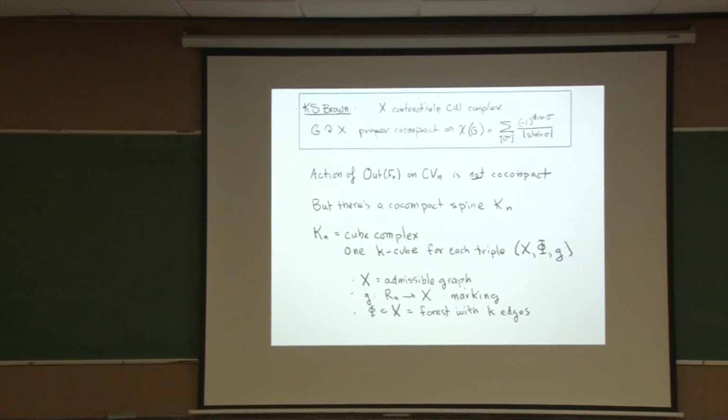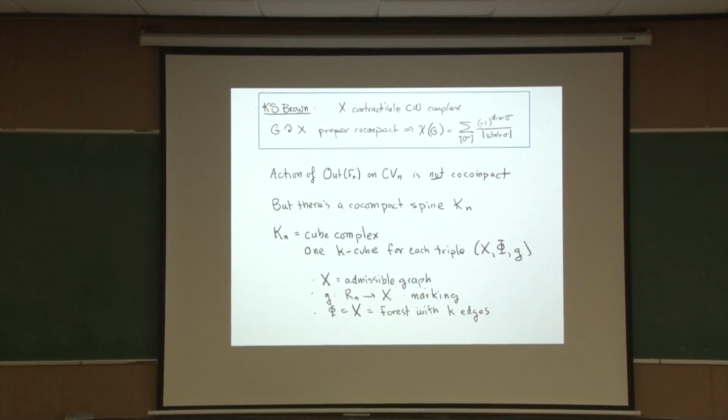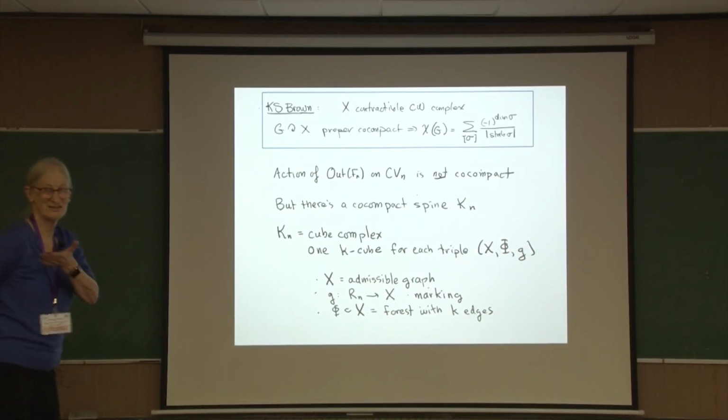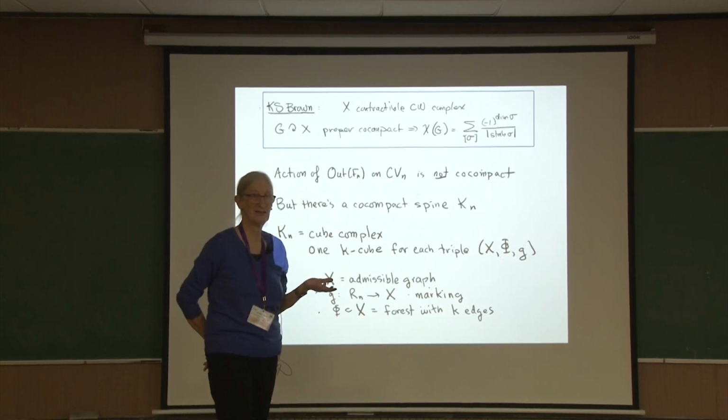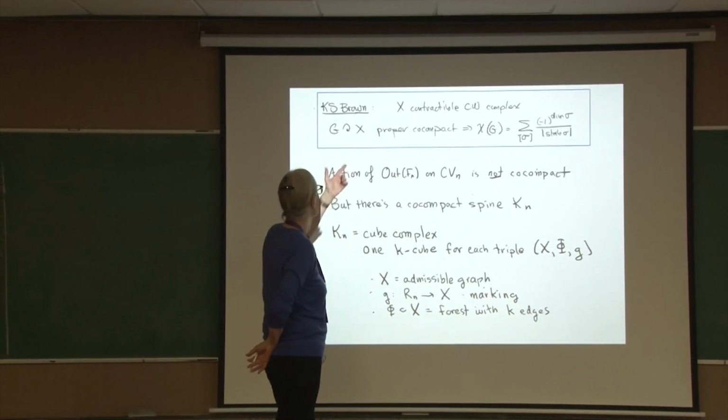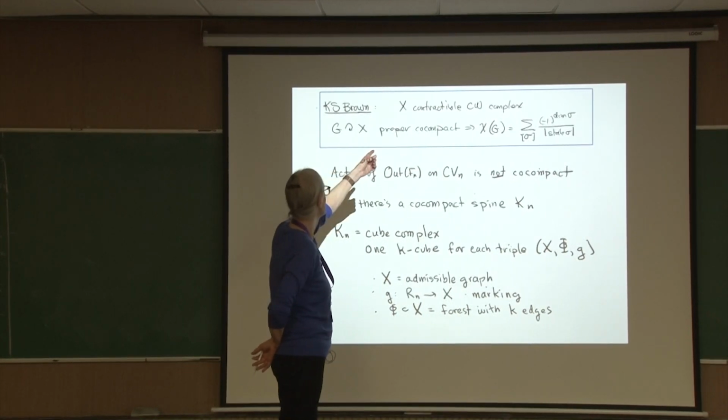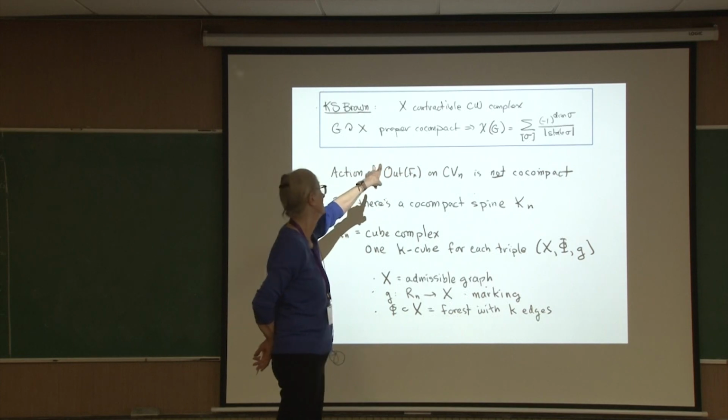Okay, so how do you compute the rational Euler characteristic of a group? I think this is maybe an answer to Yair's question. You've got an action on a contractible CW complex, which is proper and co-compact.